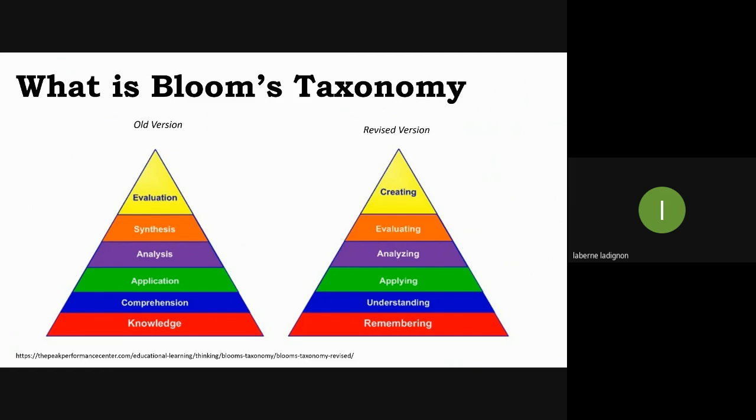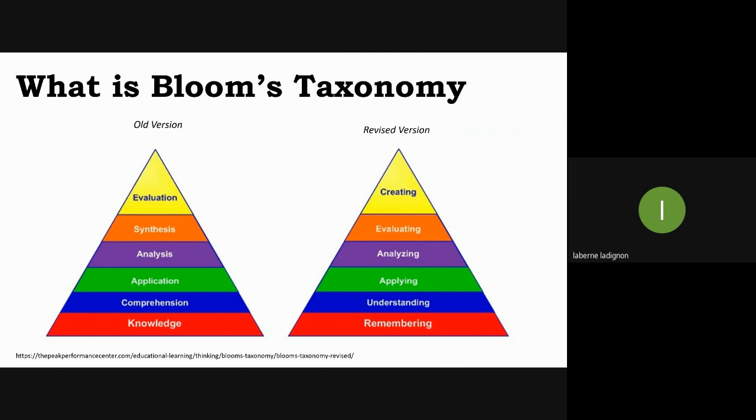On the left side of the slide, we have the old version, which has the following cognitive levels, starting from the bottom, the lower level thinking skills: knowledge, followed by comprehension, then application, analysis, synthesis, and evaluation.